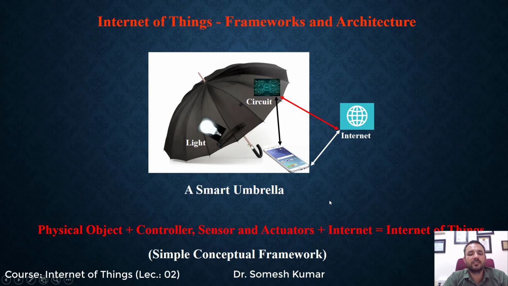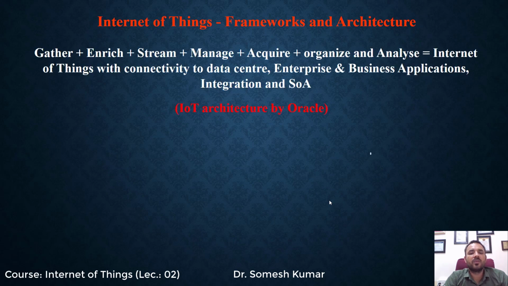So this is a very good example of this simple conceptual framework. Next we will discuss one framework that is given by Oracle. Basically, the main summary of all the blocks of an IoT system is these three things. Now, in a more expanded way, we come to another framework.